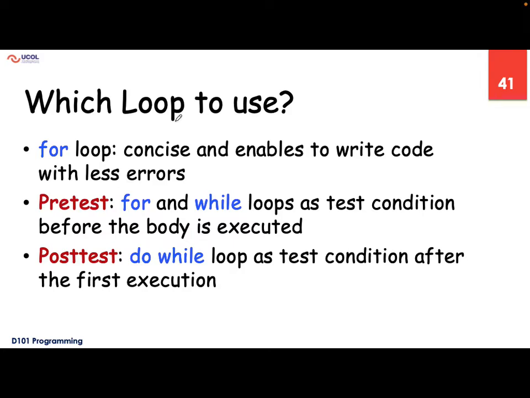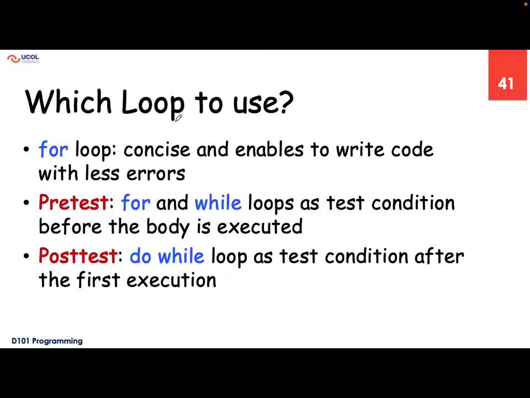But most of the time, when we exactly know we are going to run that particular loop 100 times, 200 times, 300 times, then we normally use the for loop. The plus plus, the starting value and ending value condition help us to know exactly how many times that loop is going to be executed.